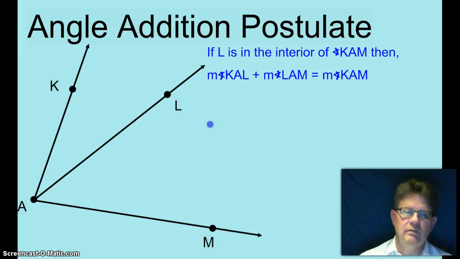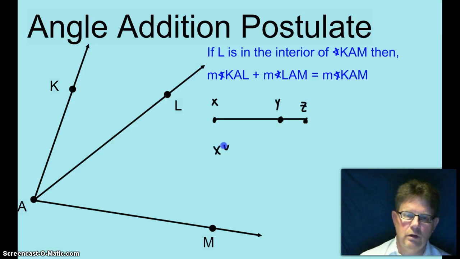And that's a lot like the segment addition postulate. If you remember, with the segment addition postulate, we had a segment and a point somewhere between the two endpoints, X, Y, and Z. We said that the first part, XY, plus the second part, YZ, equals the whole thing, XZ.